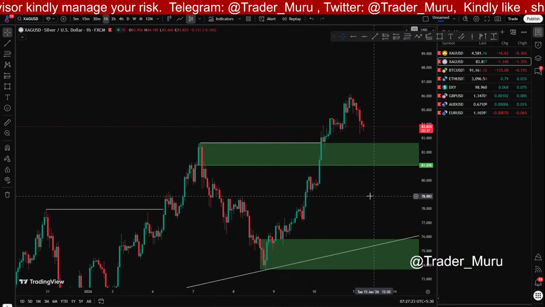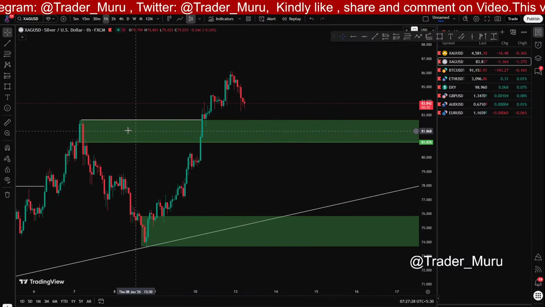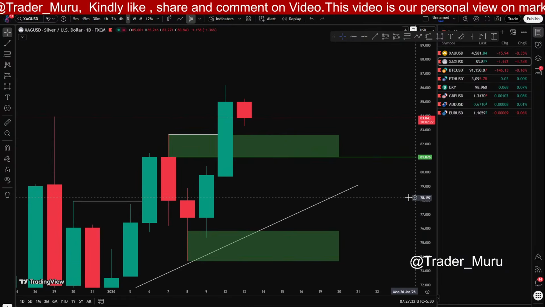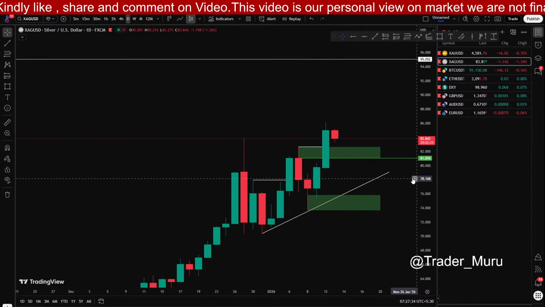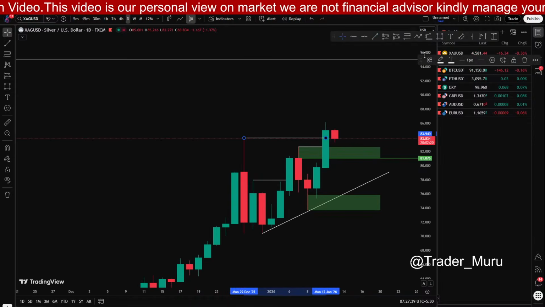And as per our yesterday's analysis, silver is also coming for structural areas in the daily time frame. We have another breakout structure here.